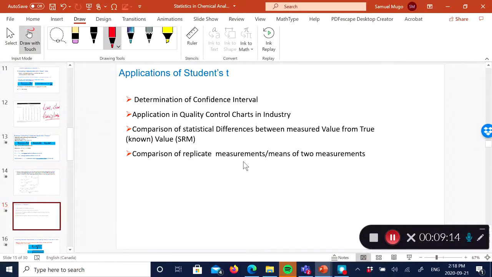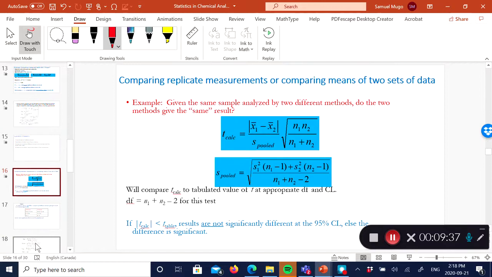And so sometimes you have to think, which is the best method to use between two? And so if you've got two data sets from two different methods giving you very similar results, that way you can look at other considerations when you're choosing an analytical method.